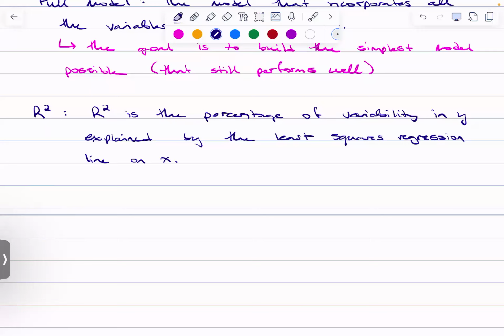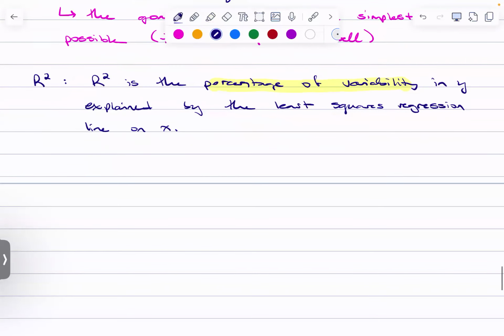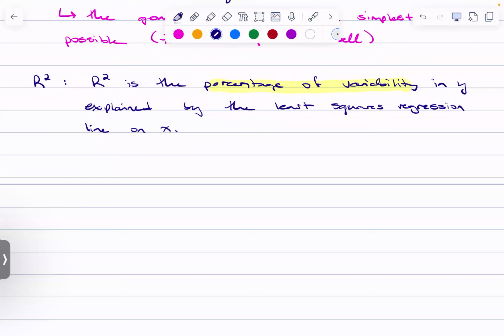Like I said, as soon as you see that percentage of variability, kind of stop reading, and you've got that internal link of, okay, this is going to be R squared. Is it asking for R squared? Do I have the correlation? R squared is the correlation squared. And if it's the correlation squared, we said it is between 0 and 1, and if it's a percentage, between 0 and 100%.